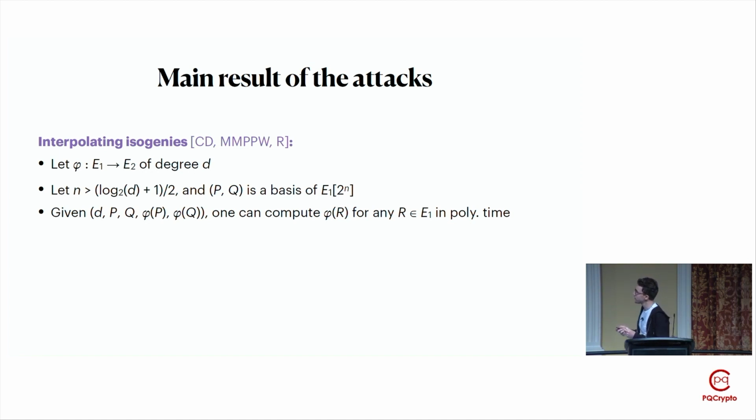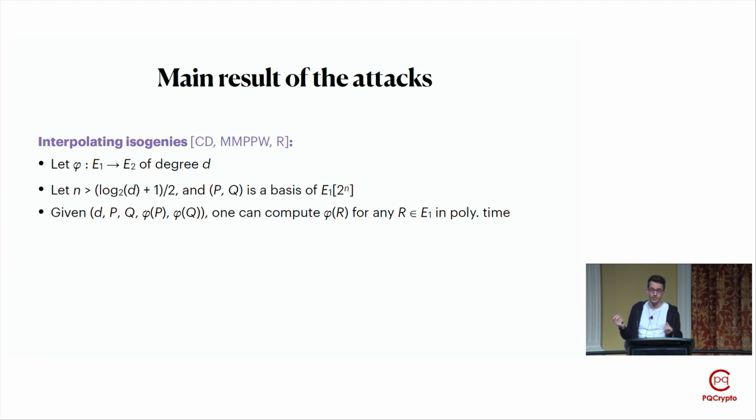And consider an integer n just large enough, larger than half the logarithm of d, so not too crazy. And consider a basis P, Q of the 2^n torsion of the source of your isogeny. The theorem says if you're given this tuple, you're given the degree, the basis P, Q, and the images phi of P and phi of Q, then you have your isogeny.